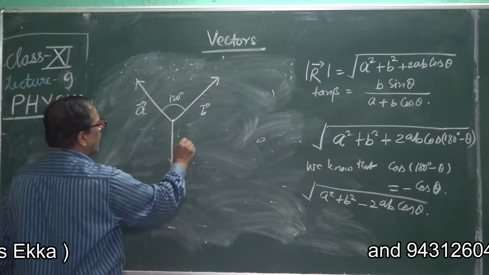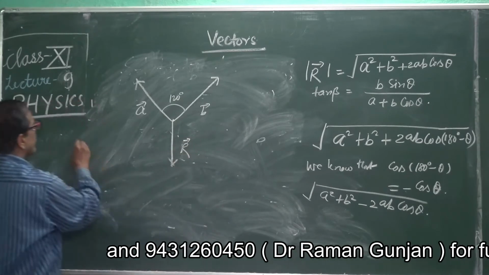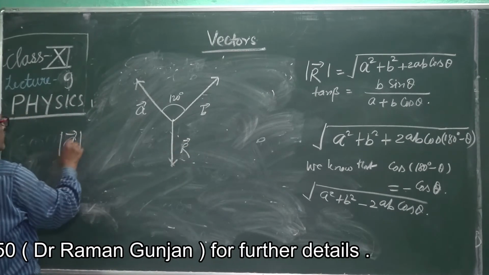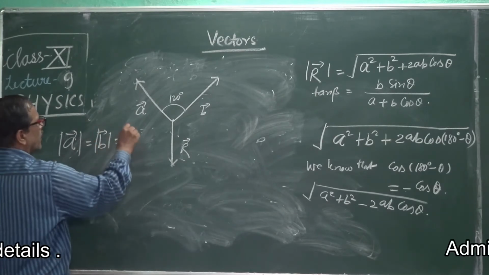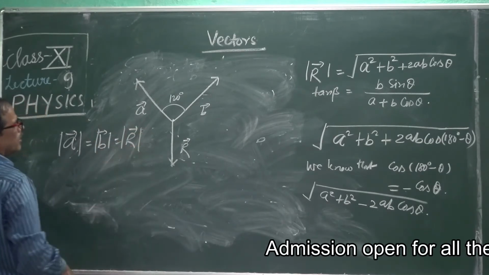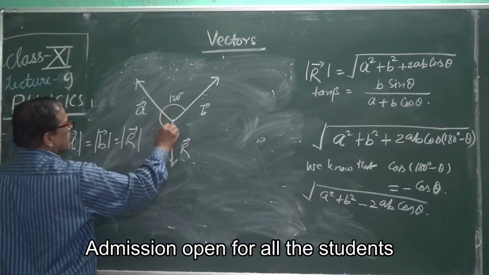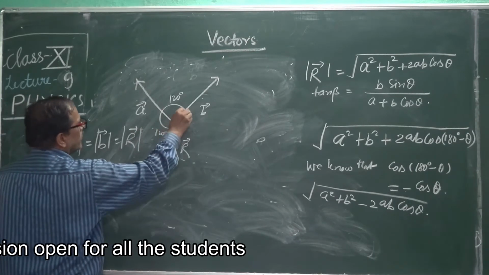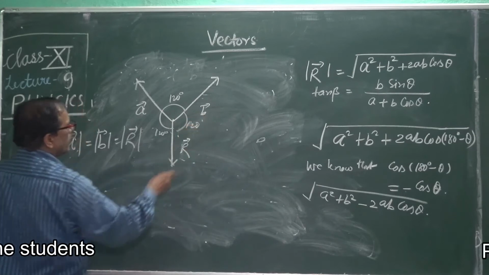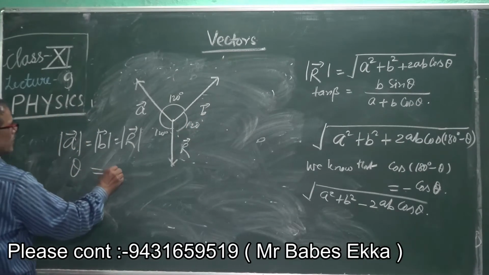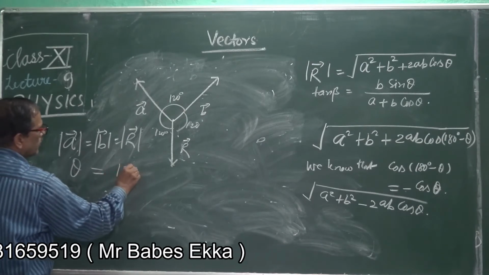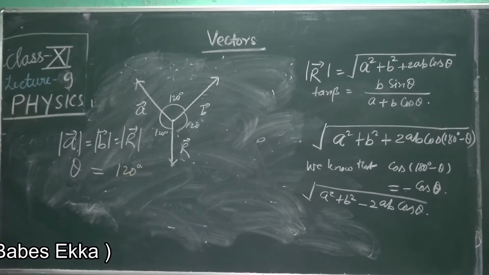See vector R such that vector A, vector B, and vector R are equal in magnitude, and also 120 degree. Here theta between two vectors is 120 degree.